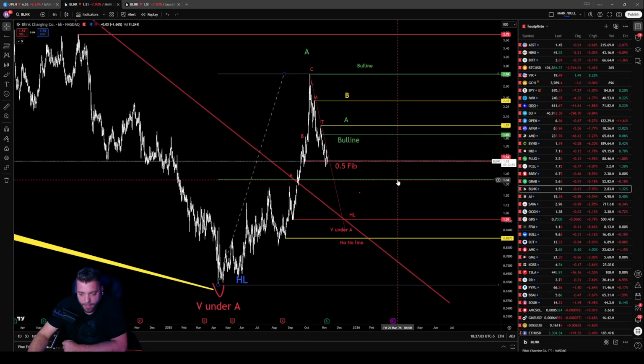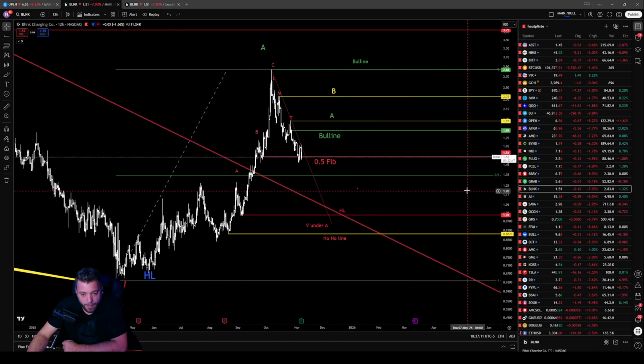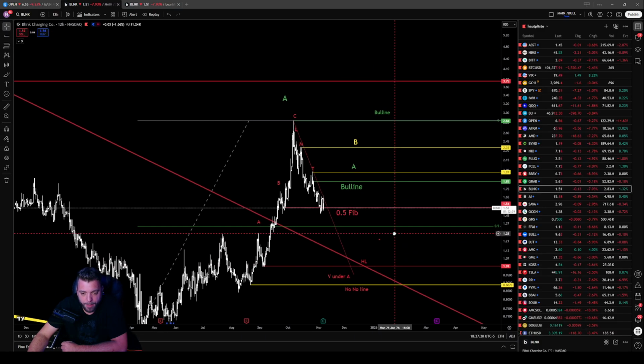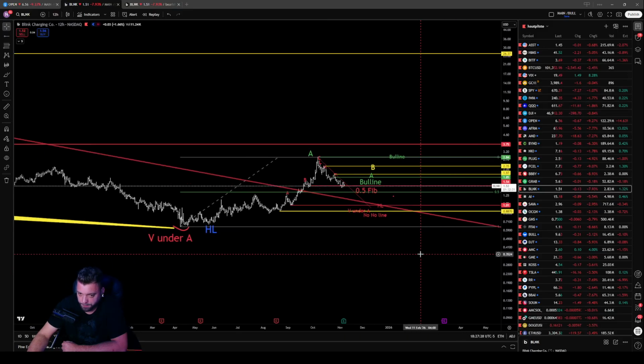then your next line is 1.35. And if this is not holding, then I think you make a full breaker retest. Your V under A is at $1. Let's see if it's happening. If you bounce here, everything over $2 is bullish, and everything over 2.85.